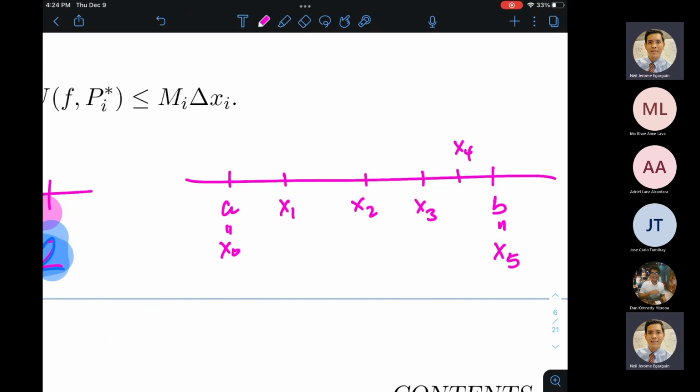It induces a partitioning of the closed interval AB into 5 subintervals, namely I1, I2, I3, I4, and I5. Yan yung 5 subintervals induced by capital P. Yung refinement ay isang superset, okay, ng P. Kukuha ako ng isang P star na superset siya ni P.